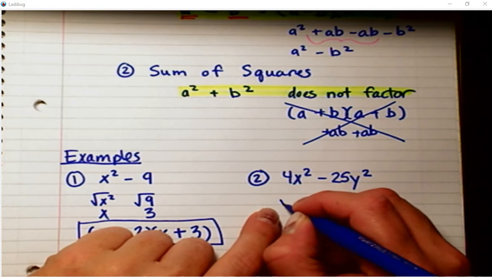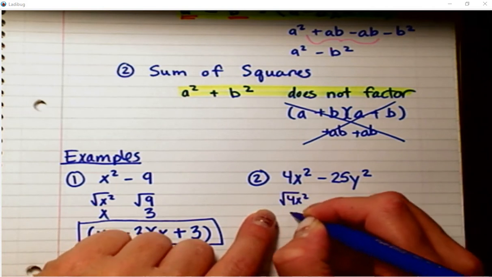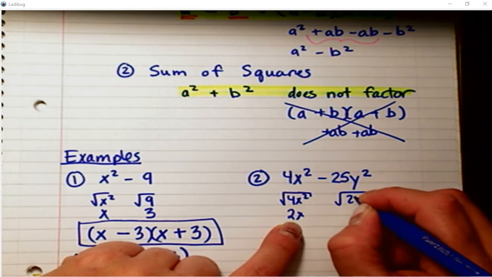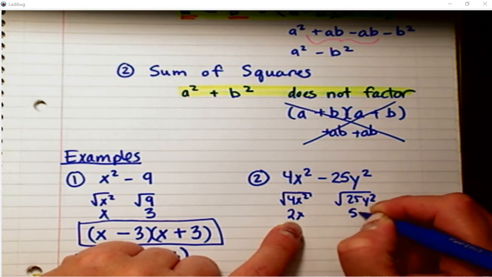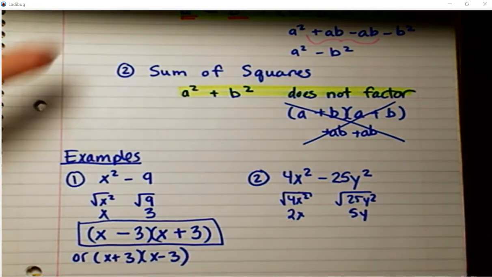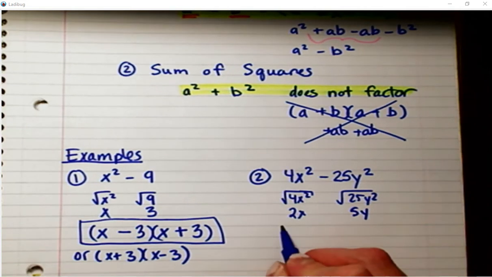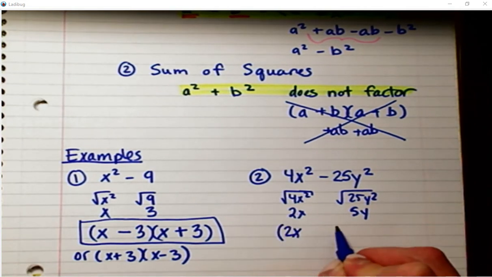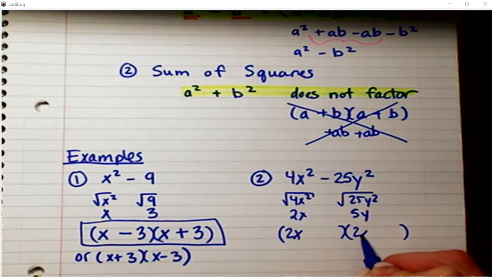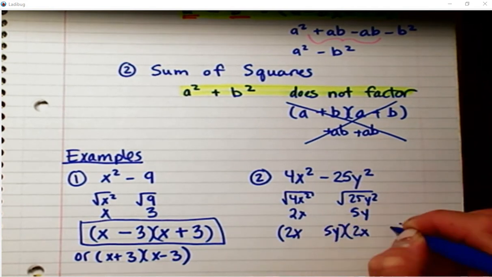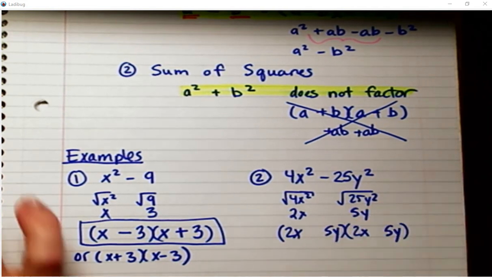And so I'm going to check by square rooting it. Okay, yes. Perfect square, right? So it's a difference of squares. So 2x and 2x. 5y and 5y.